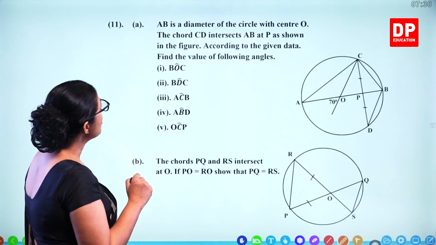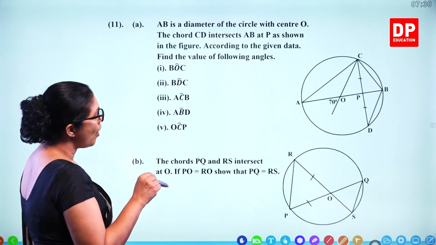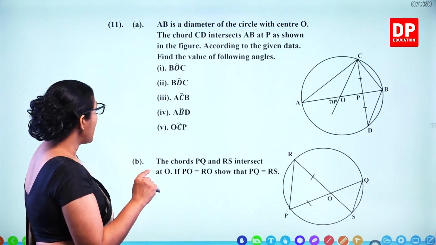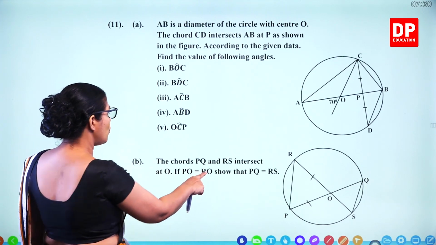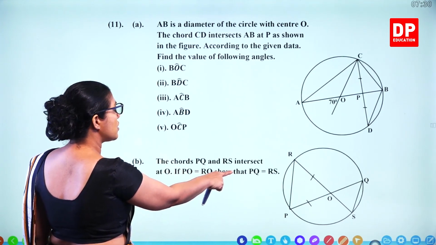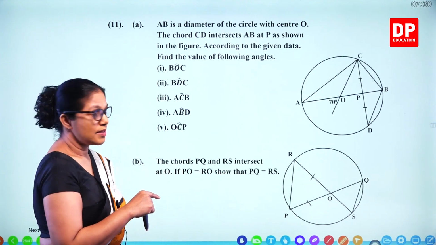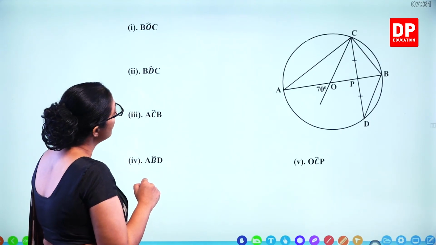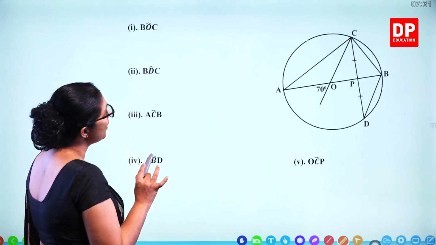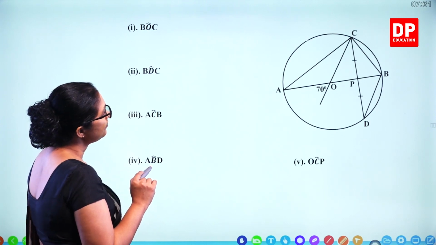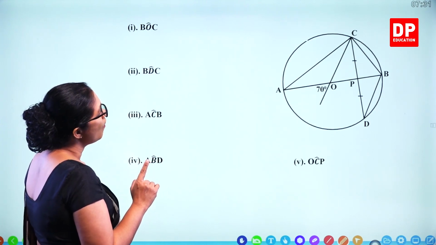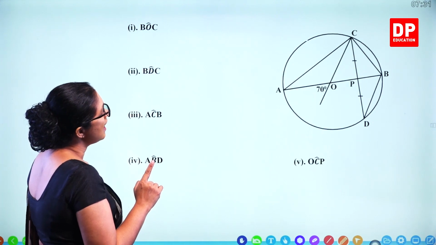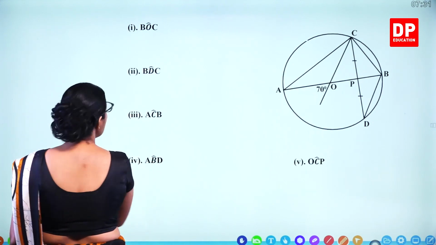Let's take question number 12. That's also about finding angles, and there's a small part to find out PQ is equal to RS. So from this you have to find BOC angle. Nothing is mentioned about that.